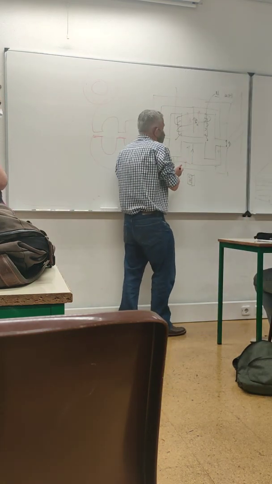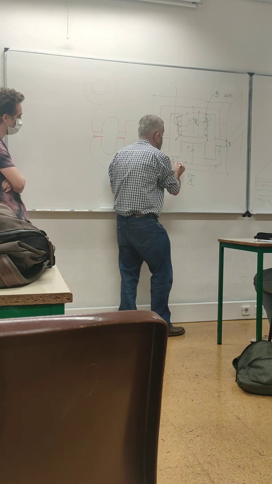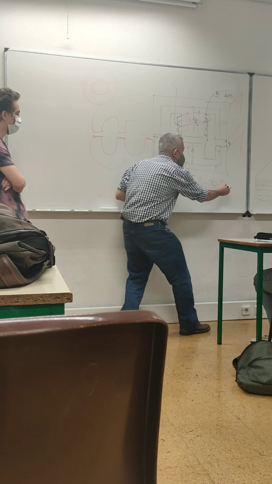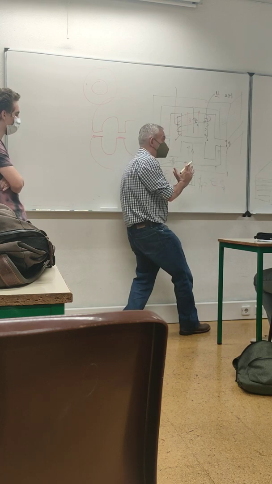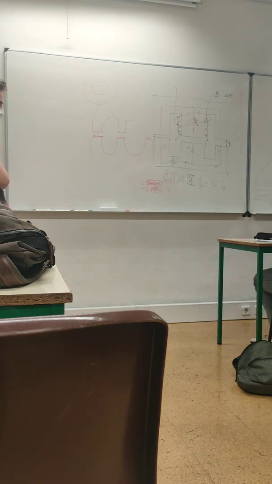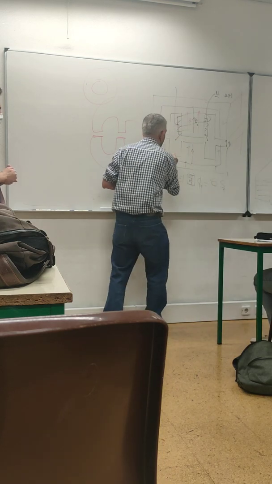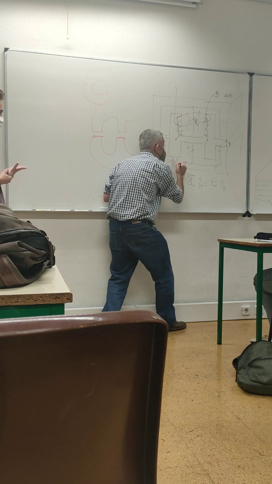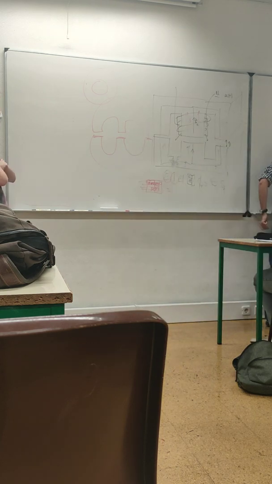The flux is the same, but the cross section decreased, so the B will increase. You can see in the simulation that the Professor from France told you about, in a very good podcast, that there are parts here that start to saturate. If you decrease this by half, you see that this starts to saturate. Saturate means that you are going to this.